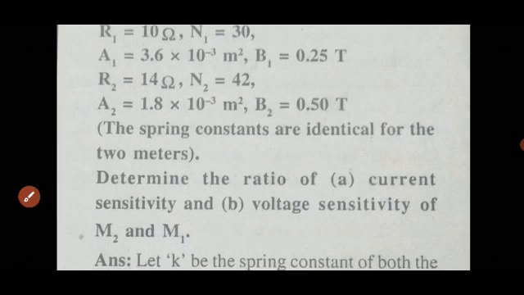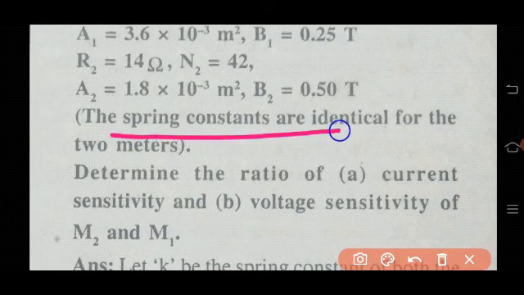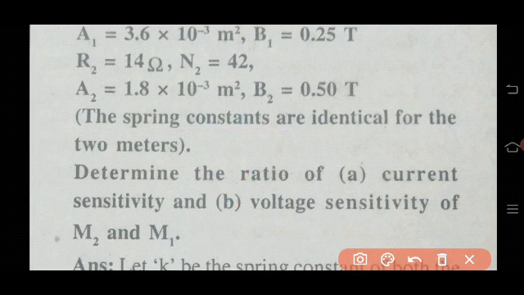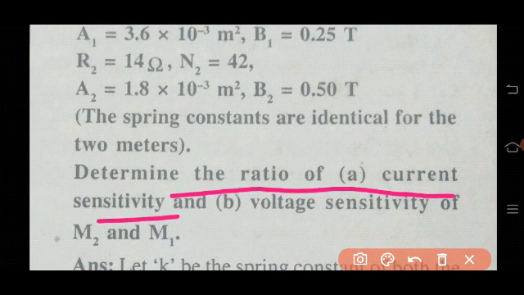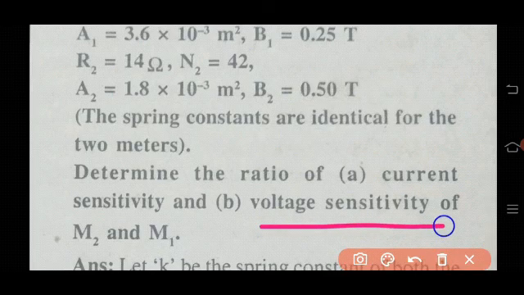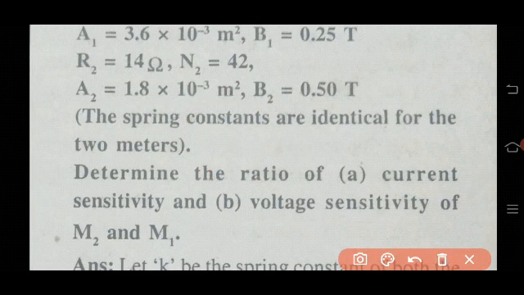Here the spring constants are identical for the two meters. They have given that the spring constant for both is the same, that is K1 equal to K2. So we need to determine the ratio of current sensitivity, that is phi by I, and voltage sensitivity, that is phi by V. We need to find these two ratios, that is the ratios of M2 by M1.